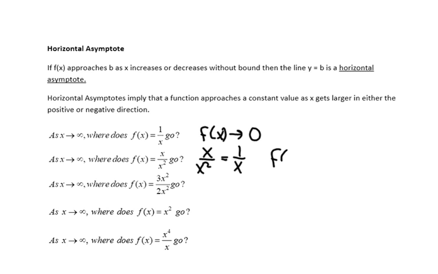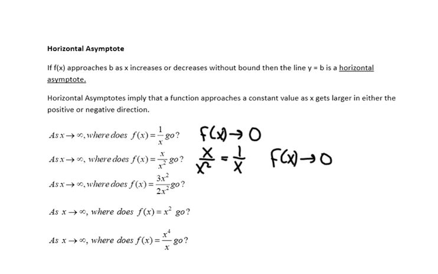So in this particular case, again, as x is approaching infinity, f of x is approaching 0. So notice, the degree of the numerator for both of these is smaller than the degree of the denominator.